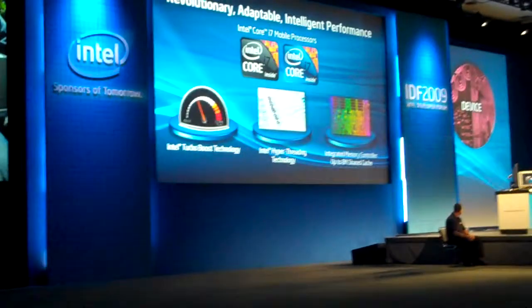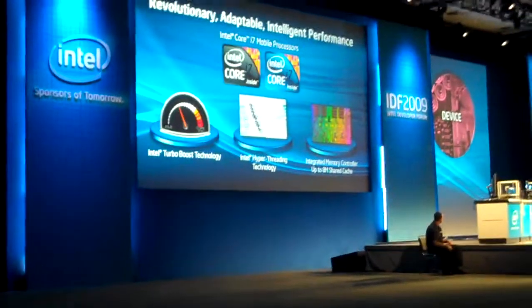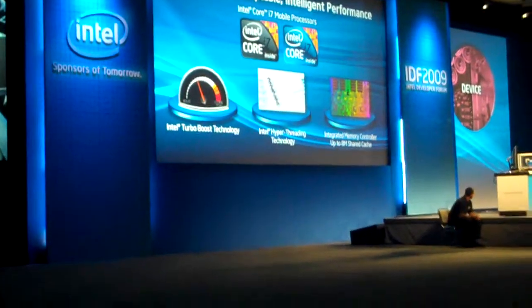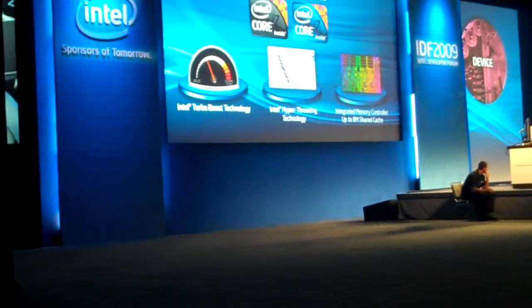We've got several technologies. First of all, the Intel Turbo technology, and you heard Dadi say it's 2 gigahertz, but with turbo it can go to 3.2. I believe this is the first time that we actually spoke about the frequency.